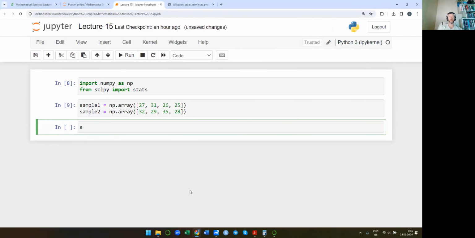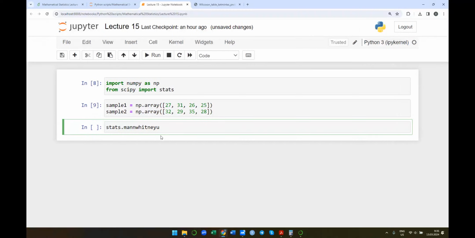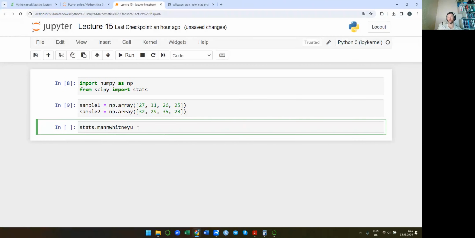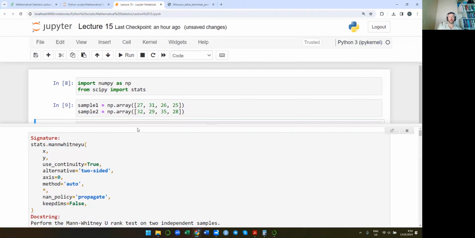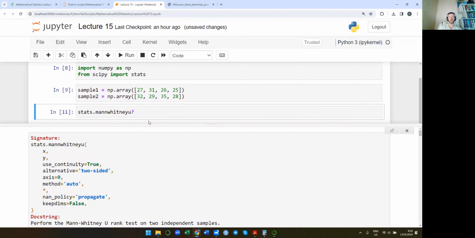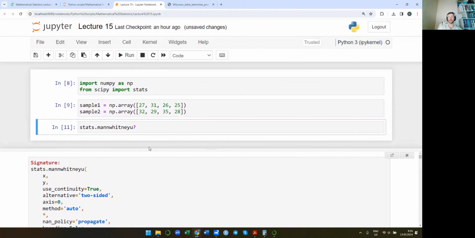Now in the module stats, we have the function which is called mannwhitneyu. Basically, if you want to know how it works, you can ask for help. But the simplest way is to provide x and y, so sample 1 and sample 2.